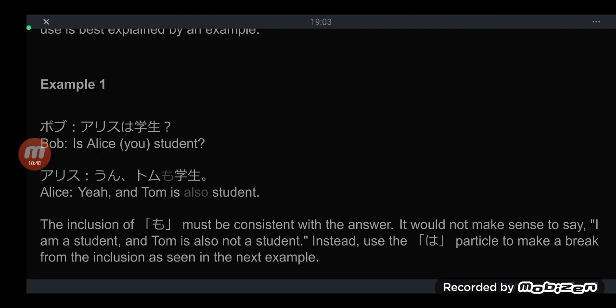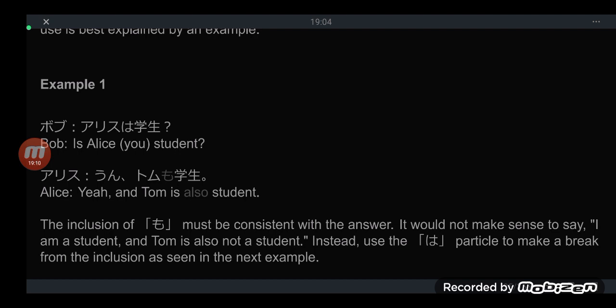So you see, Alice wants to say to her conversant that please also include Tom as a gakusei, or as a student, in that kind of descriptive clause or predicate, being a student.